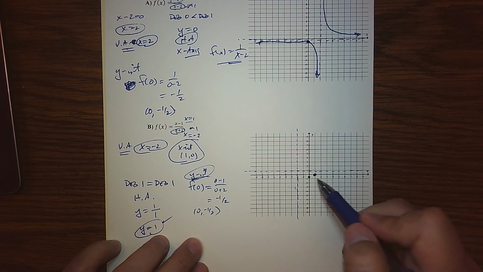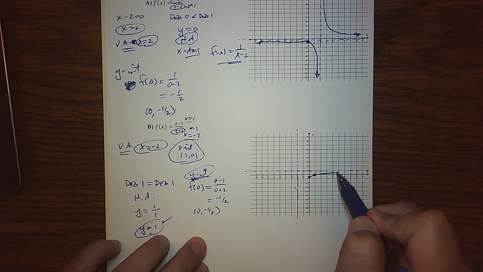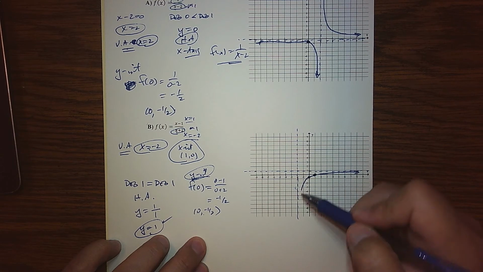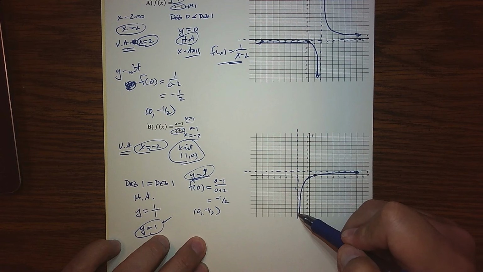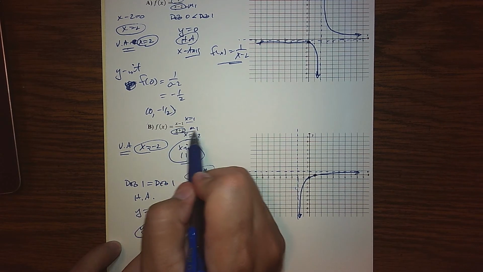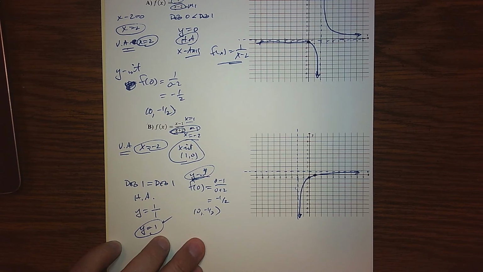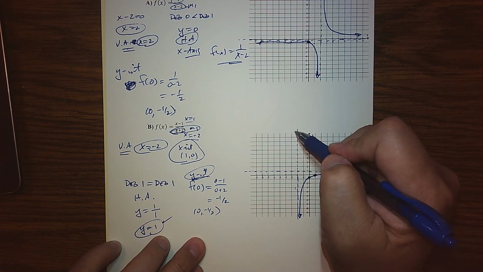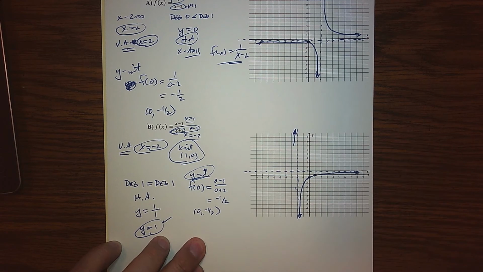So putting this all together, this graph must be doing something like this on that side. And since we're approaching the vertical asymptote, it must be doing something over here on that side. Again, because the multiplicity is 1 for that vertical asymptote, since I'm going to negative infinity in this direction, I better be going to positive infinity in that direction.